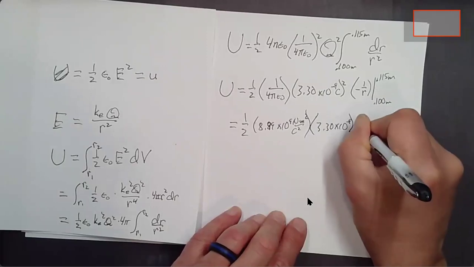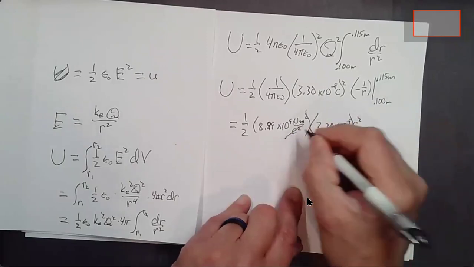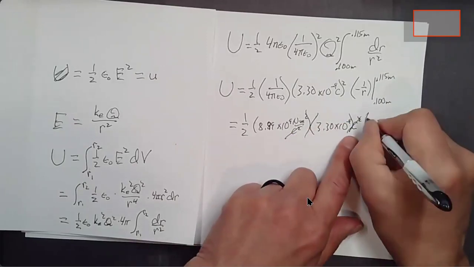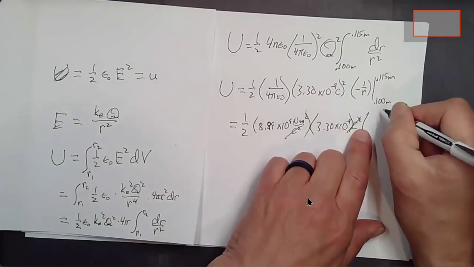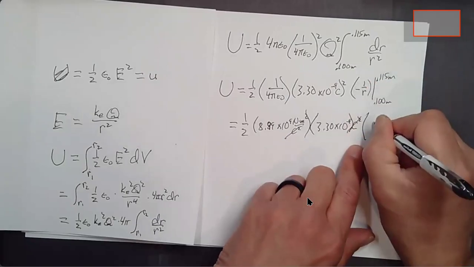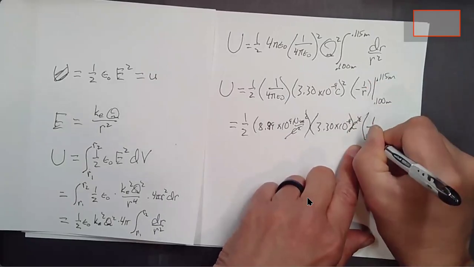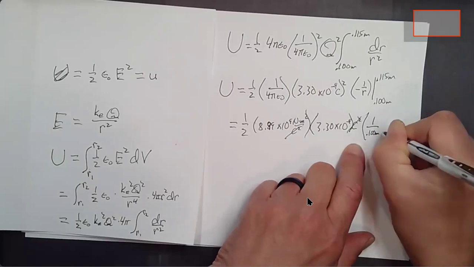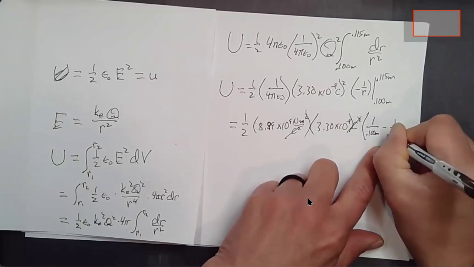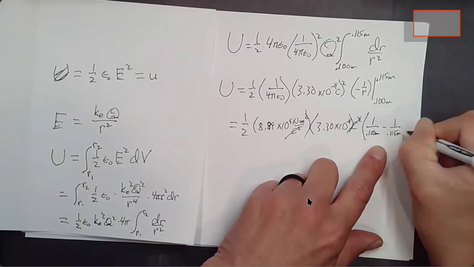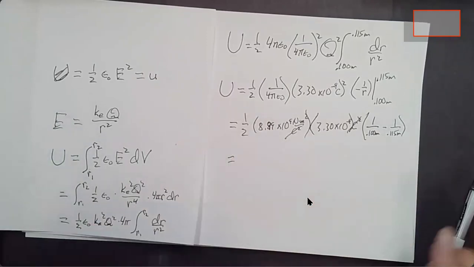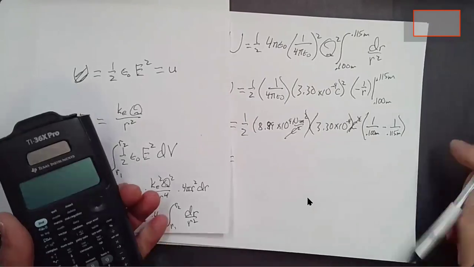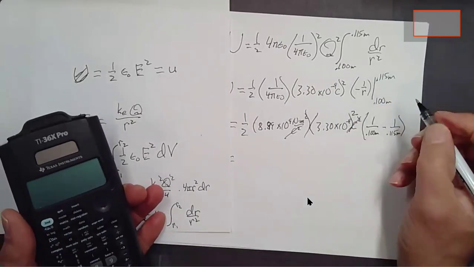But that's going to be coulombs squared, so the coulombs are going to go away. And then if I reverse the order of the subtraction, I can change that to a plus sign, and I'll have 1 over 0.100 meters minus 1 over 0.115 meters. This is complicated. Equals, now I can plug in all the numbers. We'll see what we get. Oh, I had to square this, forgot.